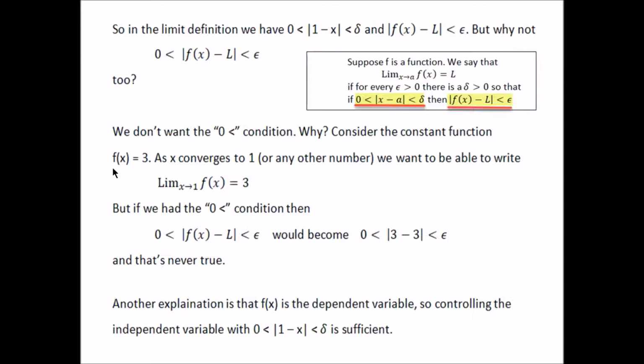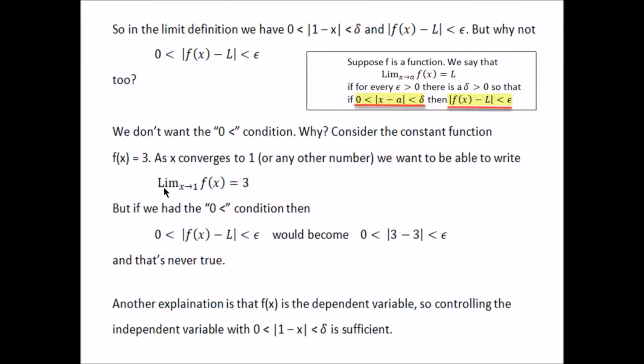Well, imagine we had the constant function f of x equals 3. Well, as x converges to 1 or any other number, we want to be able to write that f of x converges to 3. But if we had this condition there, we wouldn't be able to write that because it is not true that 3 minus 3 is greater than 0. In other words, this would prevent us from writing this expression, which we want to be able to write.